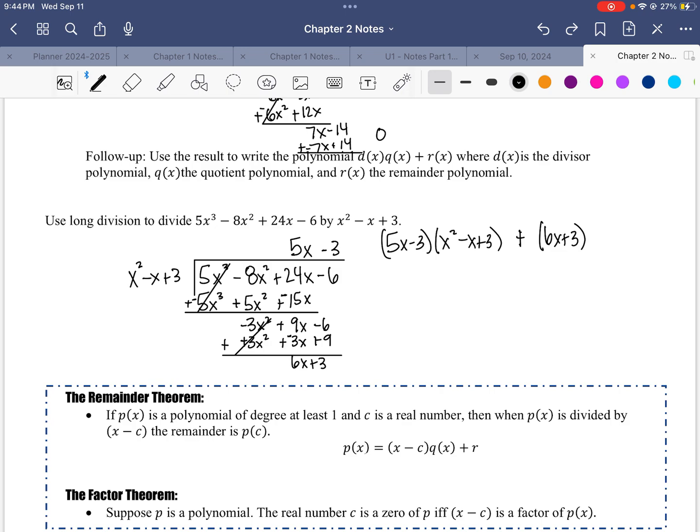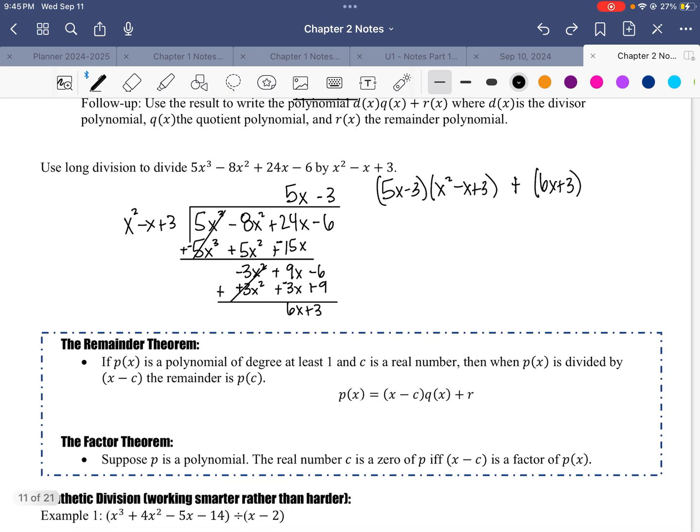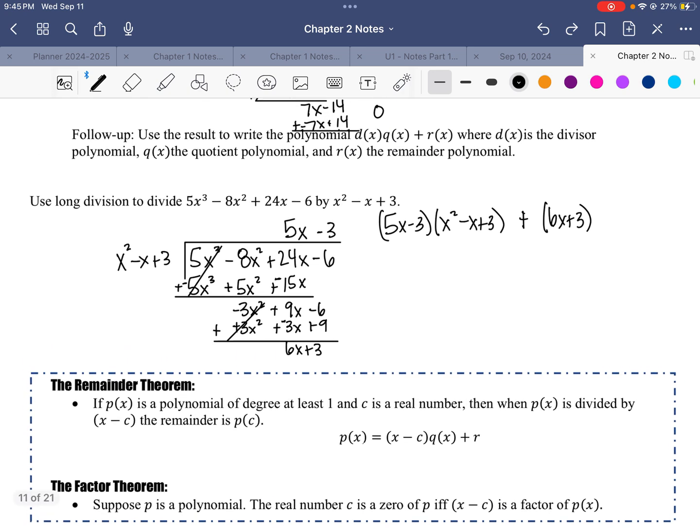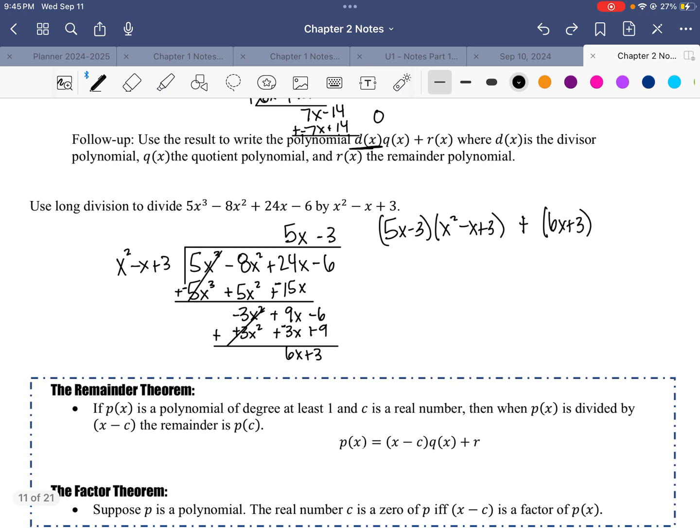Okay, so that's what you're saying. And that's what the remainder theorem essentially says, is that if you take your quotient, multiply it by your divisor, and add your remainder, then you'll get the original. So that's your divisor, your quotient, and your remainder, and then it should equal the dividend.